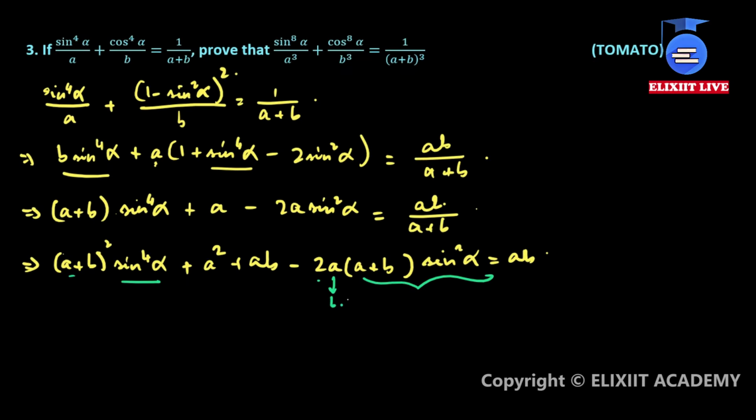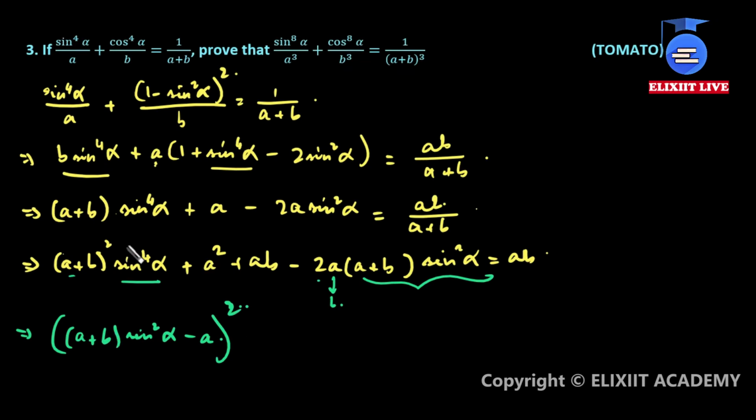One small simplification will work from here. A plus B whole square. What I am thinking in this way: if this is the whole square of this thing, A plus B times sine square alpha minus A the whole square. Will this work?